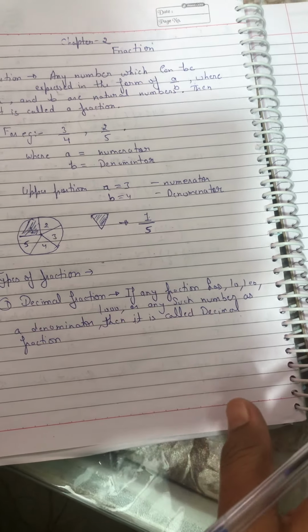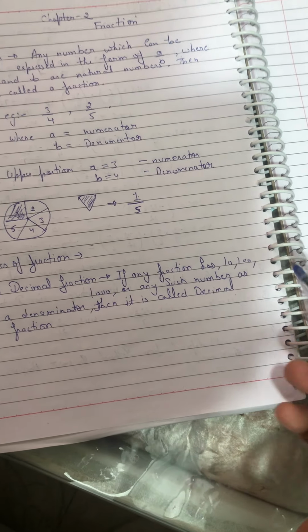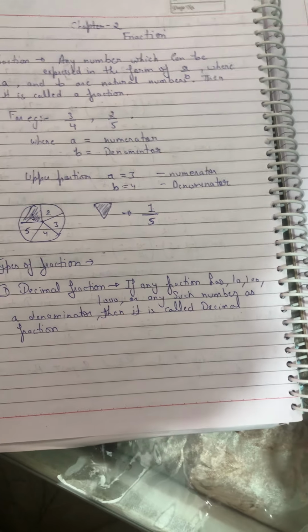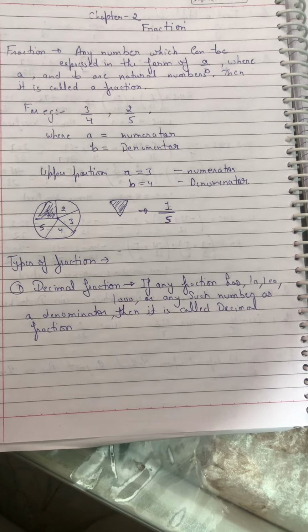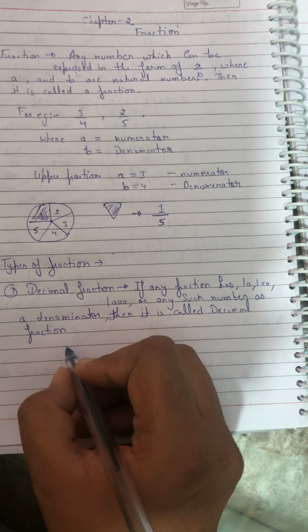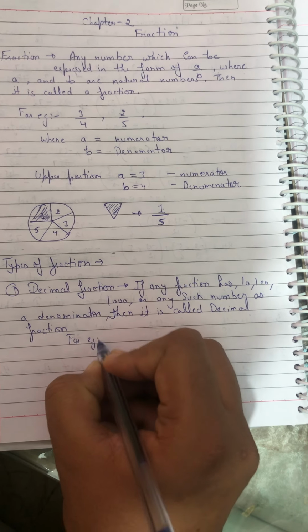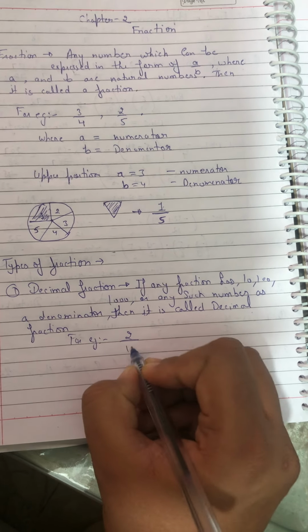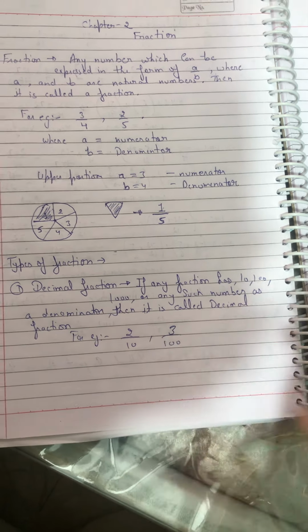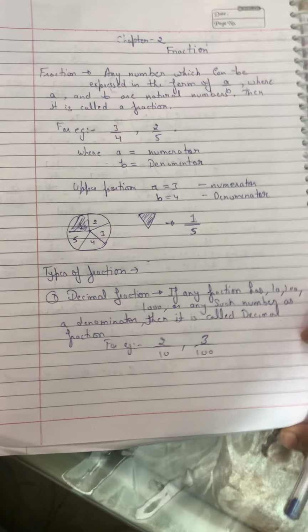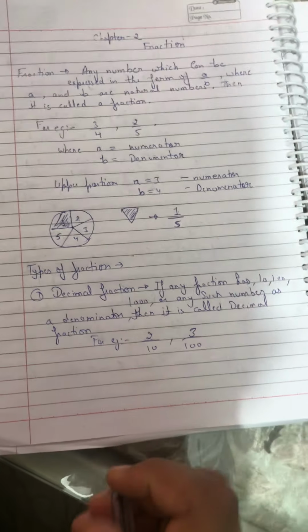So basically any fraction which has 10, 100, 1000, 10,000 or any that kind of number in a denominator, then it is called a decimal fraction. For example, 2/10, 3/100, any of such number can be expressed in the form of decimal fraction.